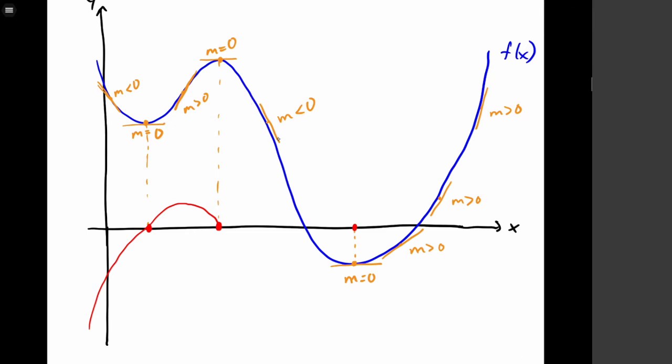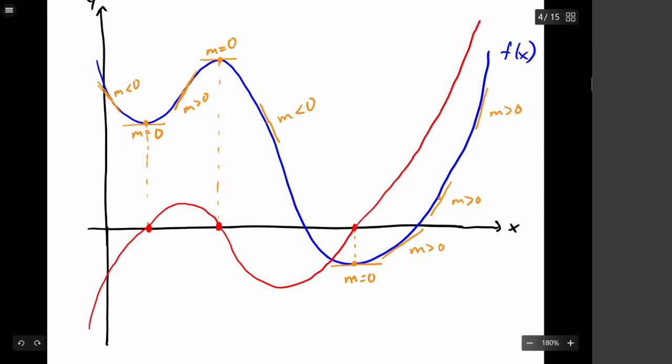It never gets too steep, so we won't go down too far. Maybe to about there. And then we start making our way back up. And then here, as we go further to the right, this graph keeps getting steeper, so this should keep going up. This is an example of what f prime of x might look like, what the graph of it might look like.